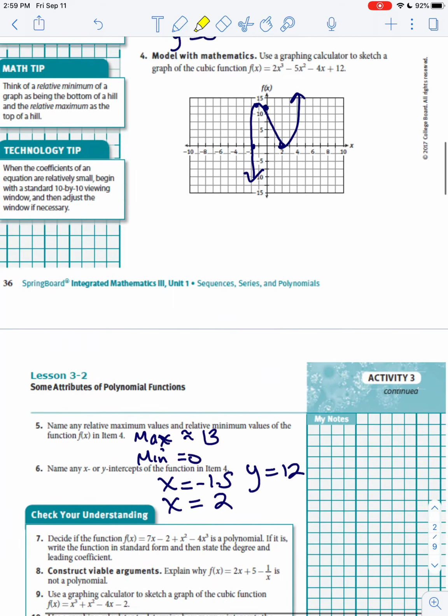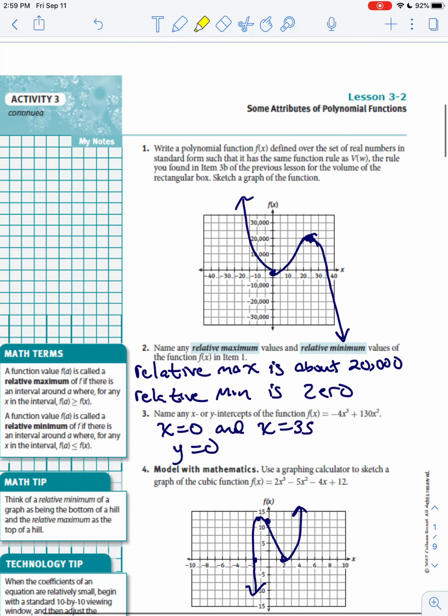So if we go back and look at our graph from number 1, to describe that end behavior, we would say that as x approaches positive infinity, the graph is approaching negative infinity. And as x is approaching negative infinity, our graph is approaching infinity. Okay, and that's how we would write our end behavior.